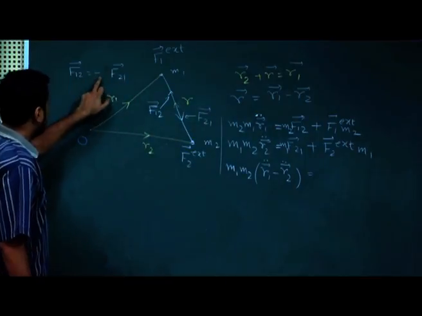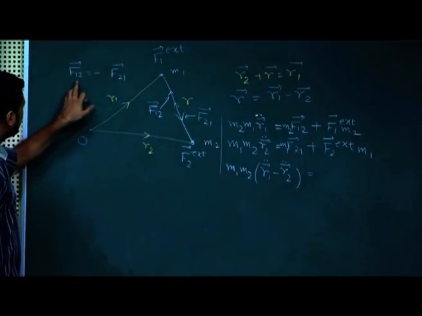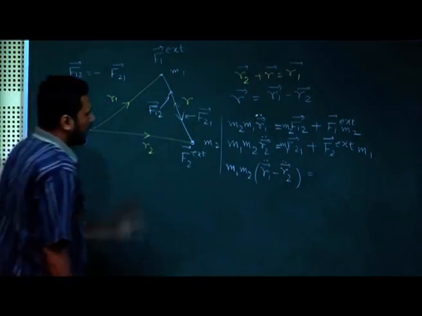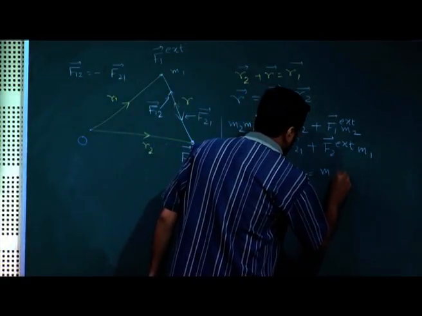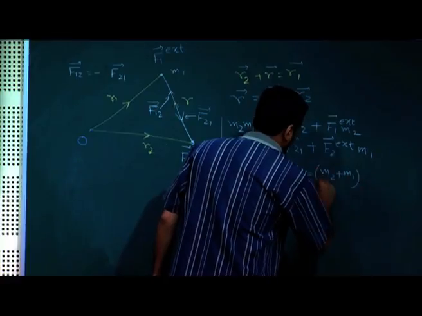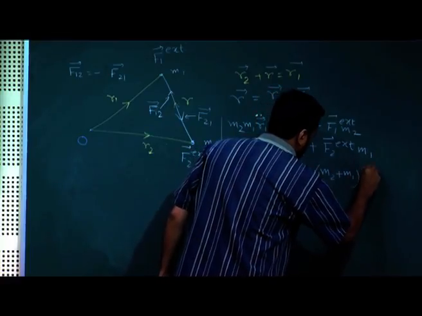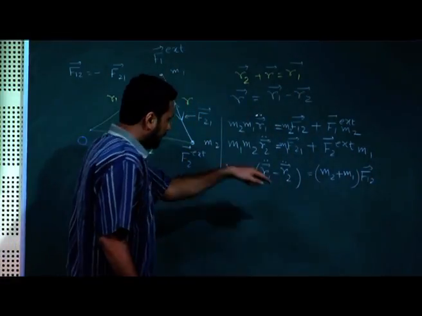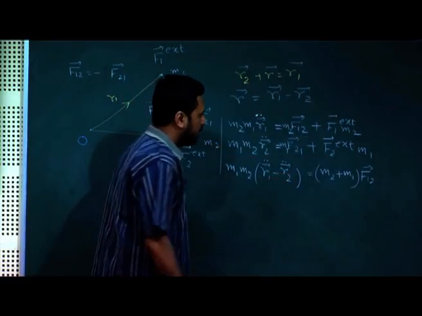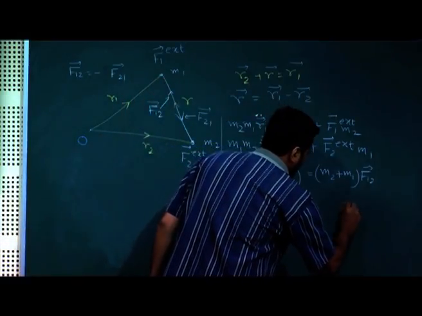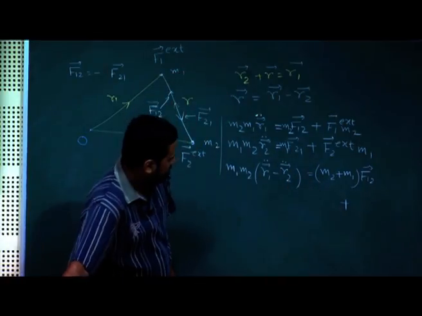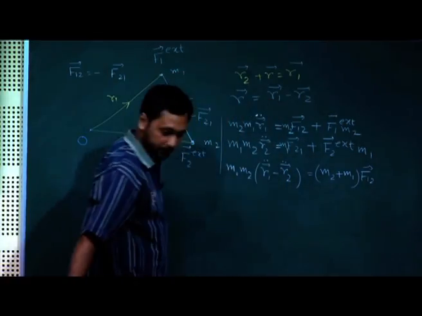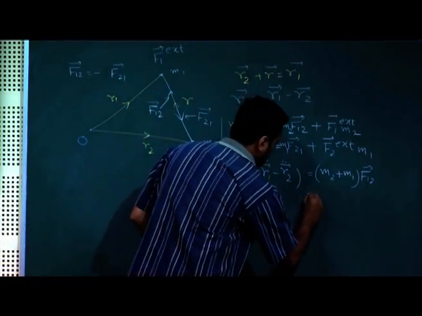By using this relation, we can write the entire thing in terms of F12, and it will be M2 plus M1 F12. Now, for the last term, I will just write it just below this, so that it is easy for you to see.